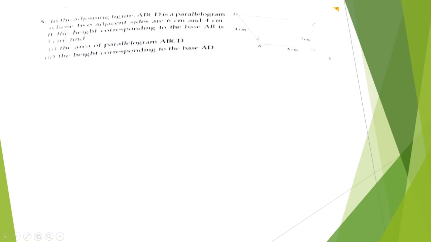So in this figure, actually two sides are given. If you take this side as base, you should take the corresponding altitude, and if you take this side as base, height should be from the opposite vertex.